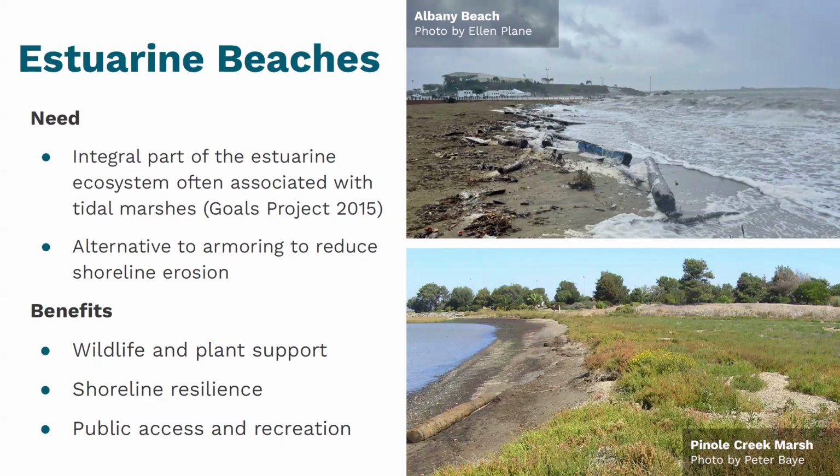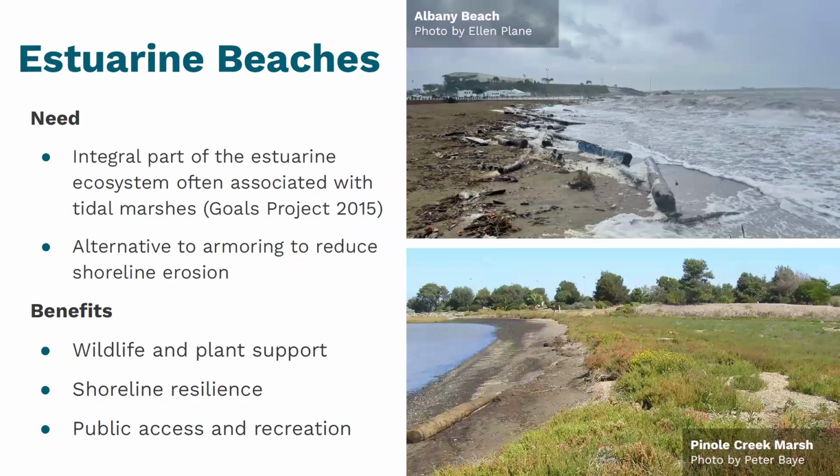And beaches become a very valuable opportunity here because they can be an alternative to armoring to reduce shoreline erosion. So they can be a more dynamic system that provides more habitat benefits than a traditional armored shoreline. When it comes to benefits, there are a number of wildlife and plants that benefit from estuarine beaches in the bay. For example, they are very valuable for shorebird roosting habitat, among many other things.